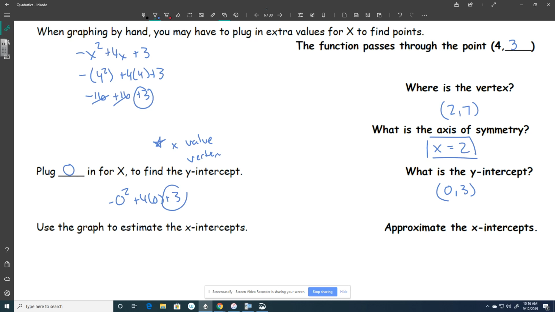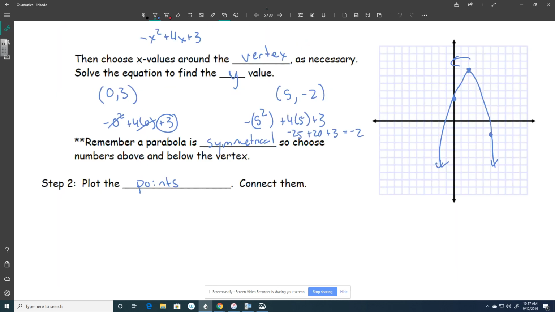Use the graph to estimate the x-intercepts. So now I'm looking for where it crosses the x-axis, which means my y value is going to be 0. Looking back at my picture, I cross at about this point and at about this point. We're just going to take a guess. This is 1, 2, 3, 4, not quite 5.